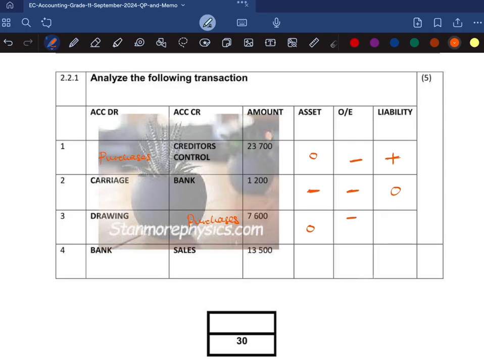Owner's equity, the drawings decrease the owner's equity, right? They're not necessarily an expense to the company, but they do decrease our owner's equity because the owner is taking away from their own equity. Okay. And then our purchases, we are going to have a plus. You might be asking yourself, why a plus on purchases? If we are making purchases, our expenses increase, our owner's equity decreases.